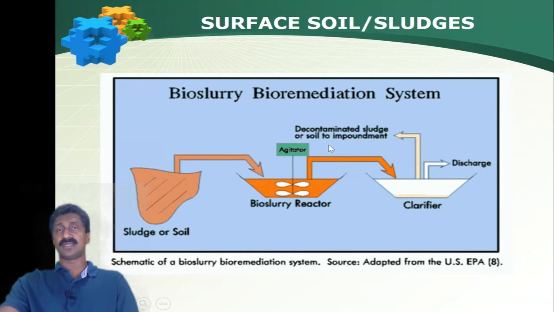And finally, the decontaminated sludge will be passed through a clarifier, and the sludge out of this will be returned to the soil because it's already treated, and the water will be discharged from the clarifier. So this is the schematic representation of a slurry bioremediation system.